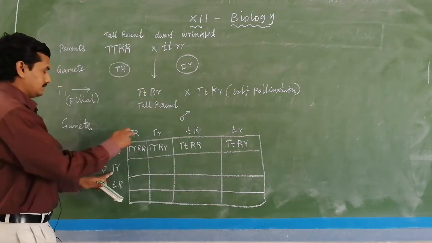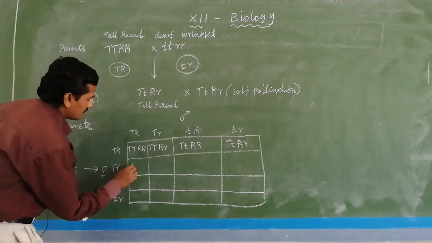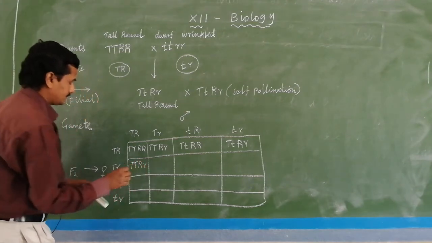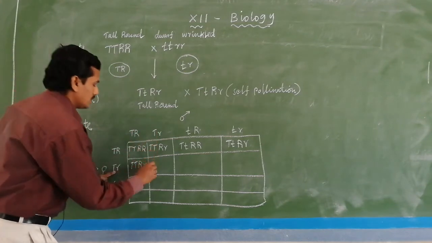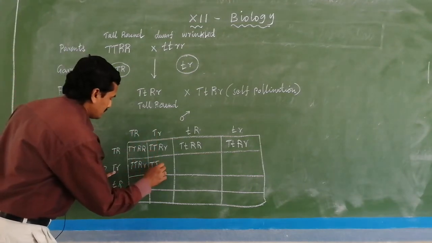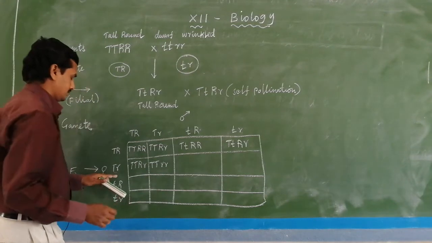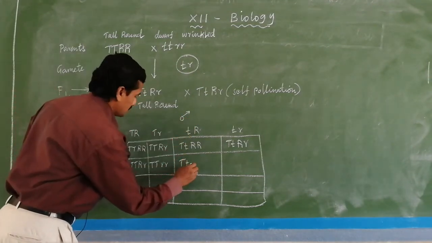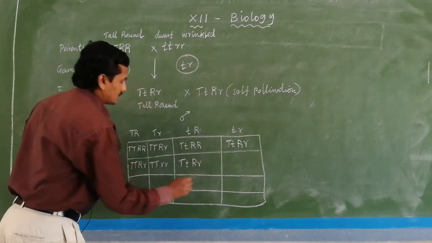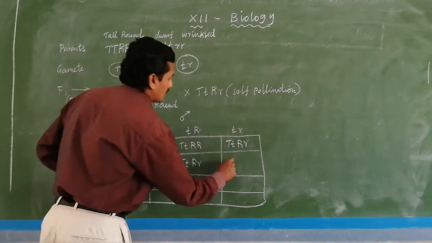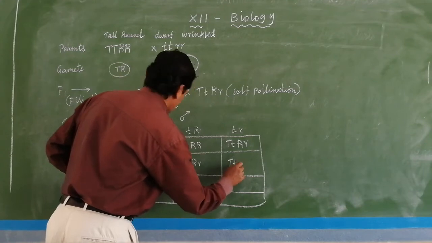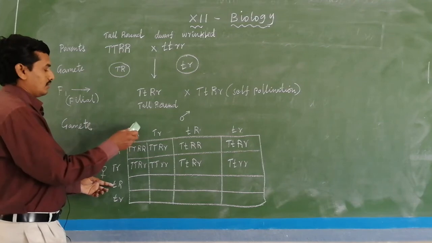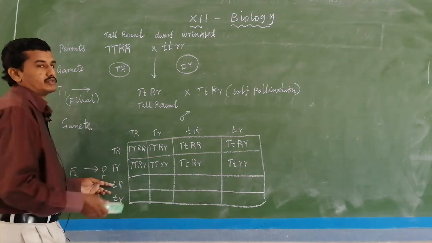Okay, then capital T, capital R, small r. Here capital T, small r. Then capital T, small t, capital R, small r. Then capital T, small r. One female gamete fused with one male gamete forms an F2 generation.